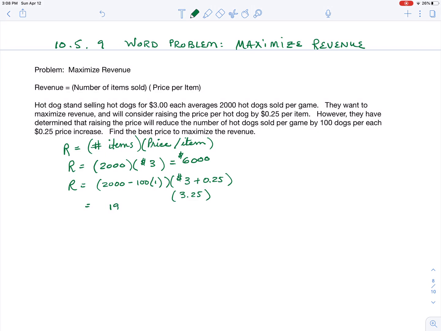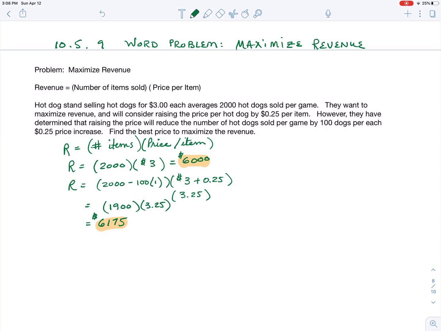So that brings the number of items sold down to 1,900. It brings the price up to $3.25. And let me go over here to my calculator and multiply 1,900 times $3.25 per item, and I get $6,175. All right, so if we compare that to where they are now, that would mean more revenue, wouldn't it?